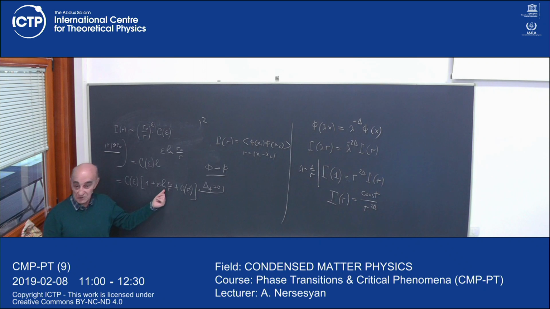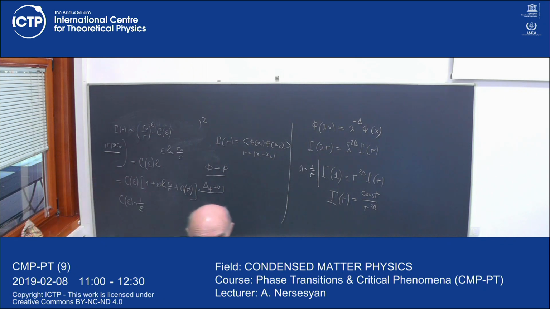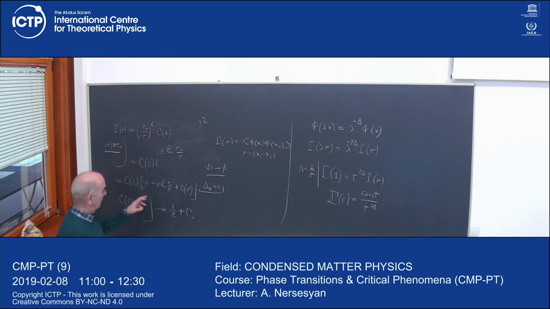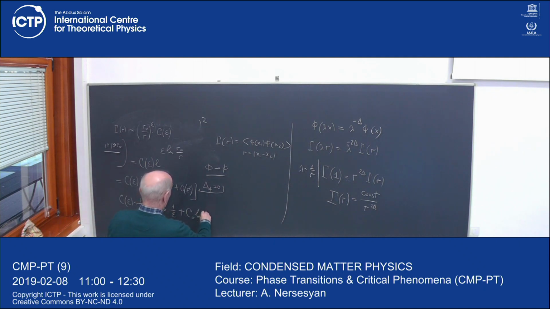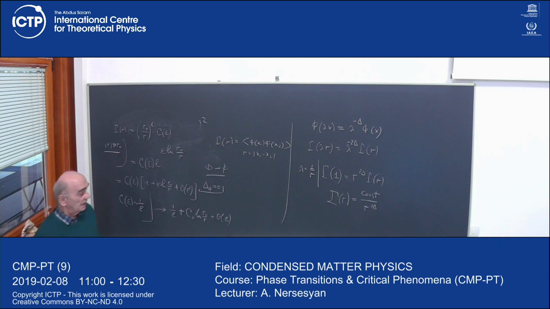For the logarithm to survive, we have to insist that for small epsilon, c of epsilon behaves as 1 over epsilon. Then what you can find out, this goes to 1 over epsilon, plus some constant, c naught, which this time doesn't depend on epsilon, times the logarithm, plus a correction of the first order in epsilon, which can be discarded in the limit when epsilon goes to 0.